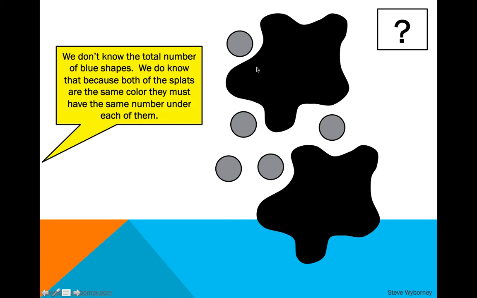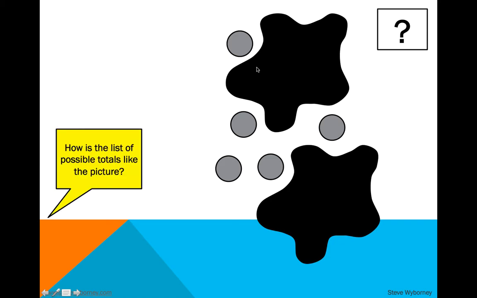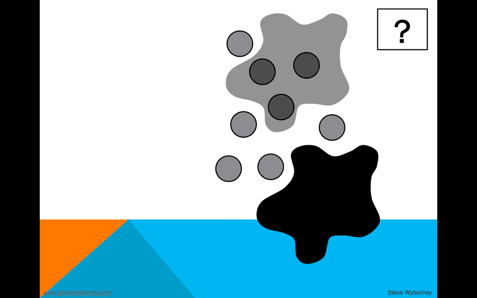But I will go ahead and show you the first splat. So there's 1, 2, 3, 4, 5 showing. Now I'm showing you 3. And if you know that underneath here is 3 and here is 3, how many is that all together?